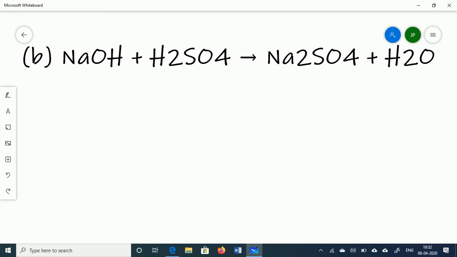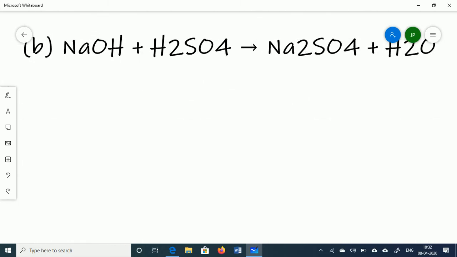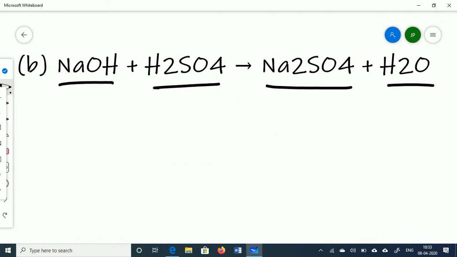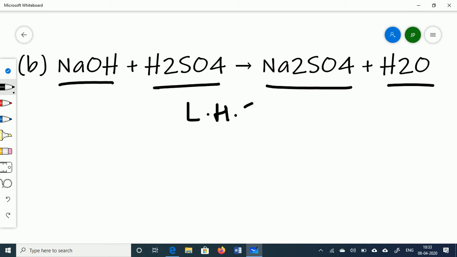Now in this equation, again our step is to identify the number of atoms on both sides, on the left hand side and on the right hand side, right?